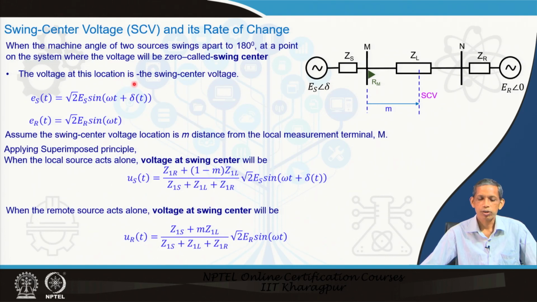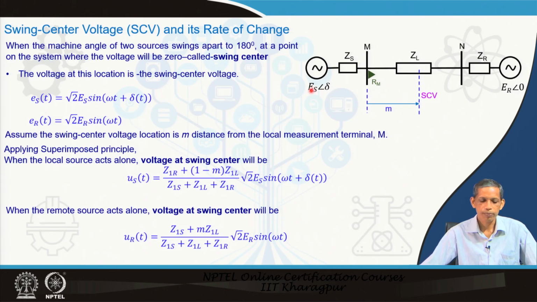The voltage of that center at different situations is the swing center voltage. Once again, the swing center point in the impedance plane is where the voltage becomes 0 at a 180 degree delta, and the voltage at different values of delta is called the swing center voltage.